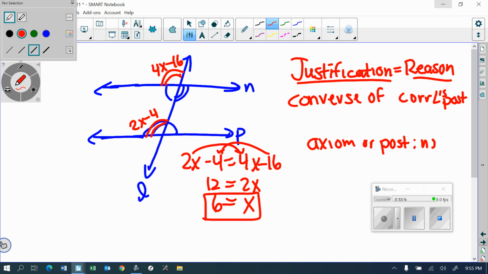They're accepted statements of fact. Okay, it's like common sense. Okay, that's for axiom or postulate. A theorem must be proven.